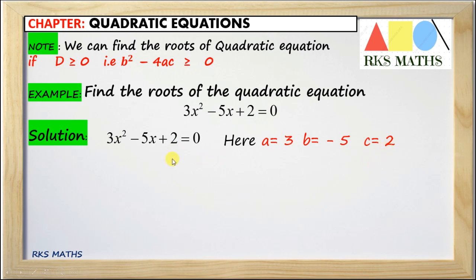As advised earlier, before applying the quadratic formula to obtain the roots, we first calculate the value of the discriminant, that is, b square minus 4ac.